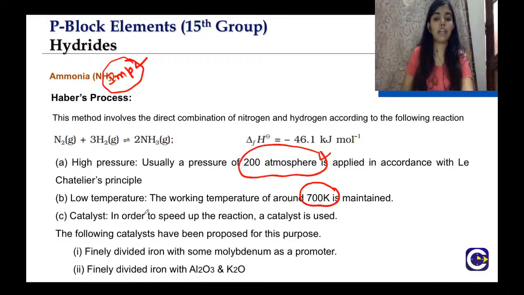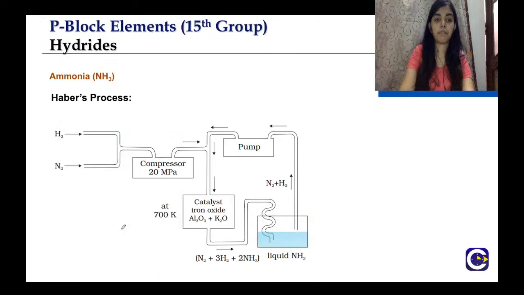We also use a catalyst to speed up the reaction. Finely divided iron with some molybdenum as a promoter can be used because it increases the surface area, and finely divided iron with aluminum oxide and potassium oxide can also be used, right? So these are the catalysts.